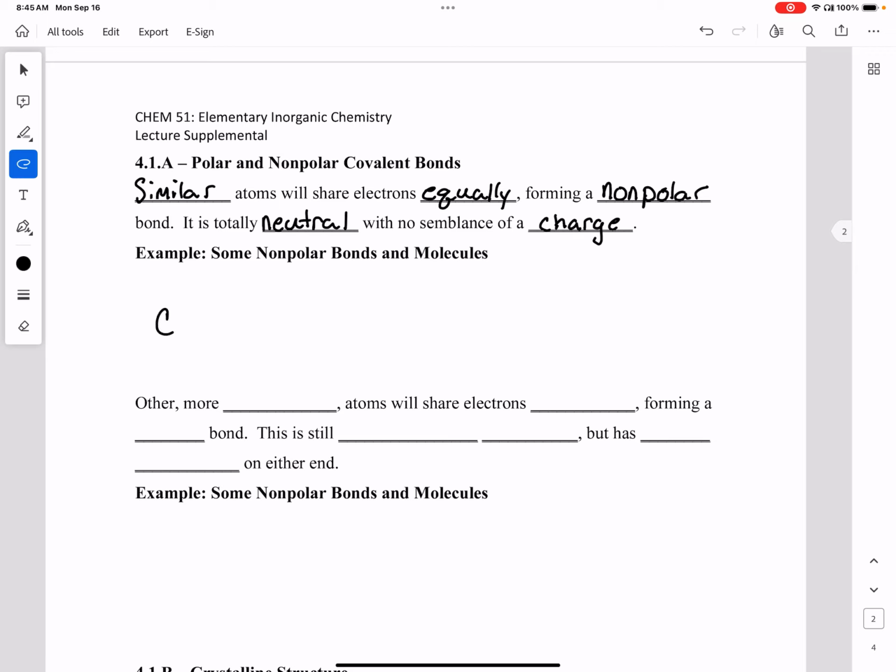So if I have a CH bond, that's equal. C and H are similar enough. If I have that Cl bond, these are the same atom, so it's definitely equal.